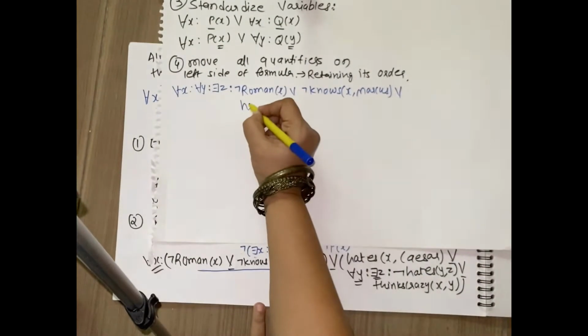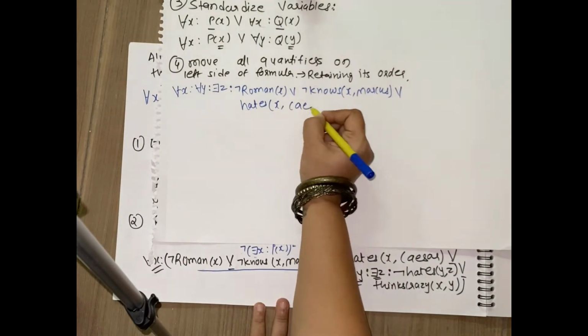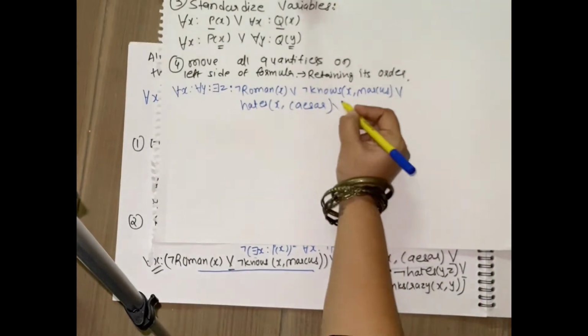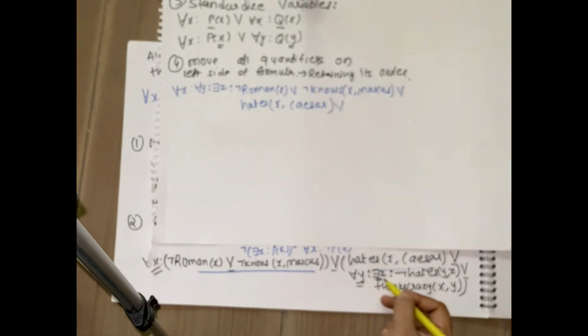Hates(x, Caesar), okay. So this is also done. Again I need not provide brackets, I can write directly, and the quantifiers have been moved.